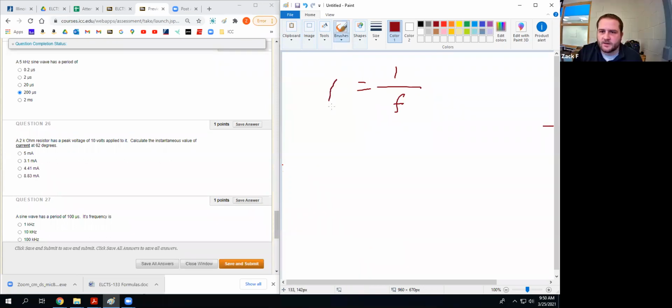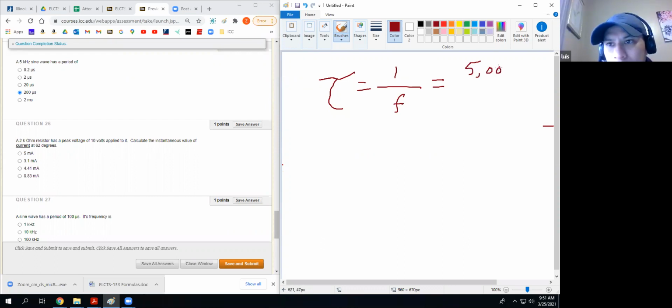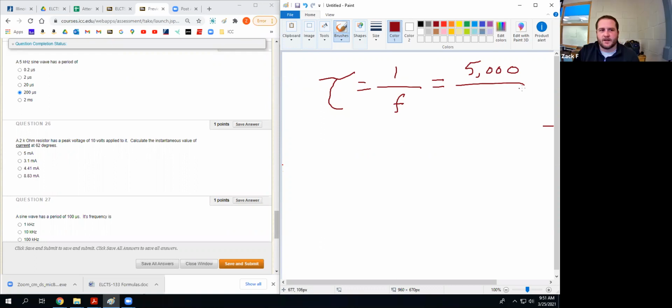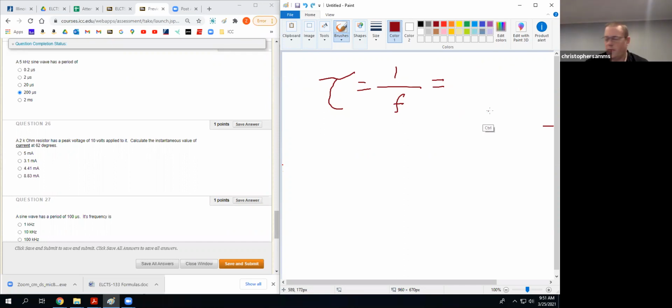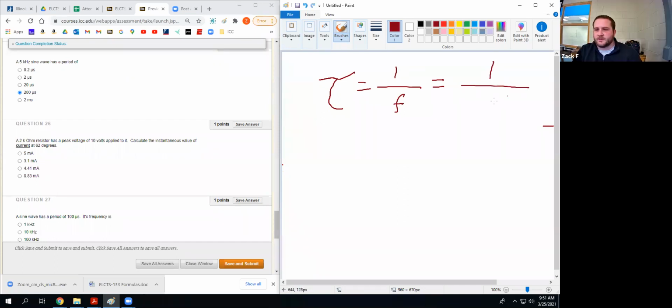So in this case, period T equals 1 over the frequency. How many hertz is 5 kilohertz? 5,000. So 5,000 divided by, no, it's backward. 1 divided by 5,000.